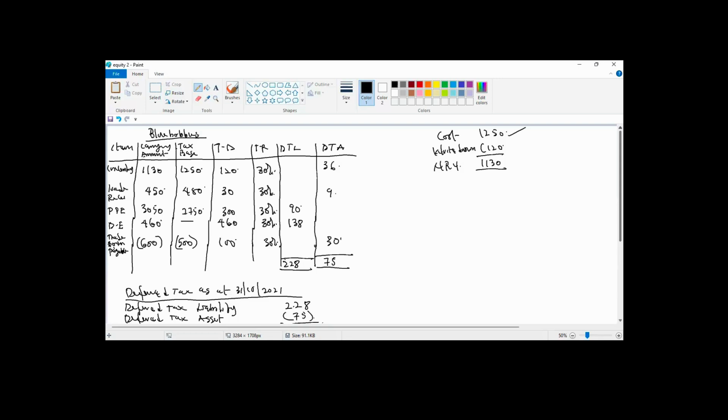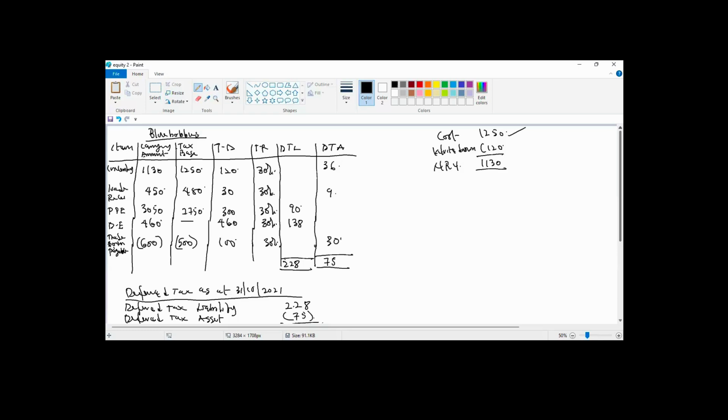For you to write it down to 1130, that means 1130 plus 120 is the cost, 1250.